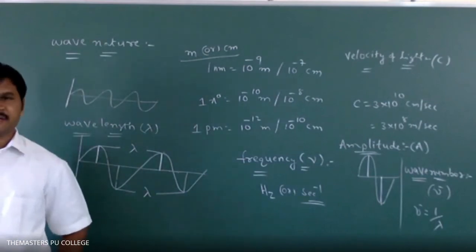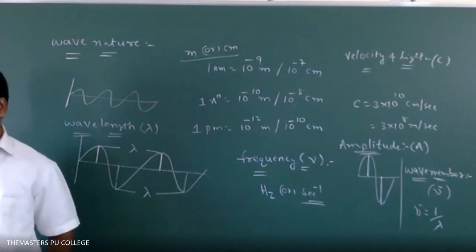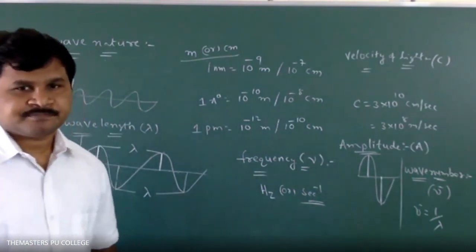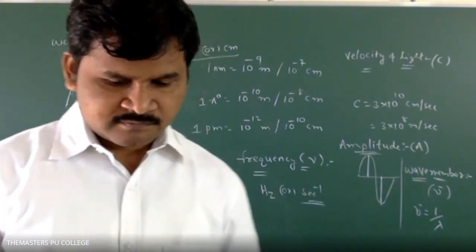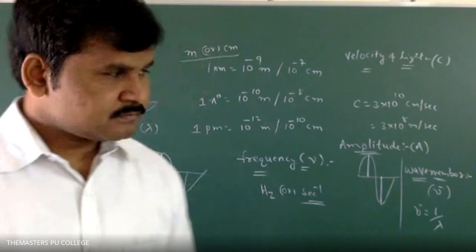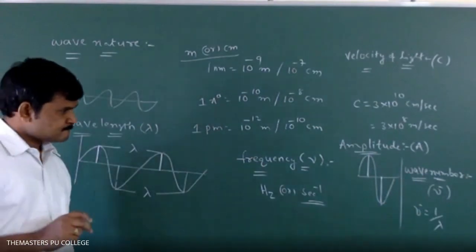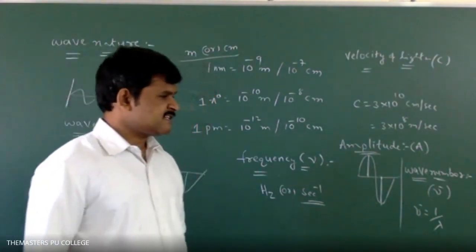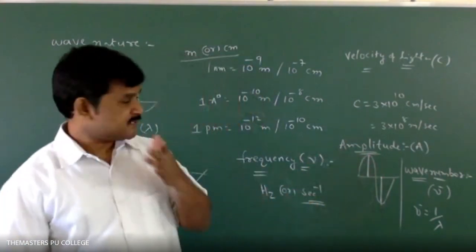Repeat. Amplitude is the measure of the strength or intensity or brightness of radiation. Its units are meters or centimeters. It is also a distance, so that's why height in meters or centimeters.